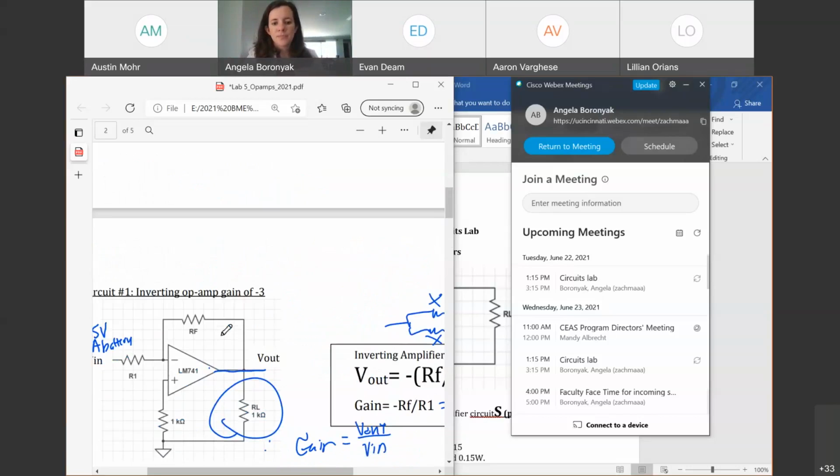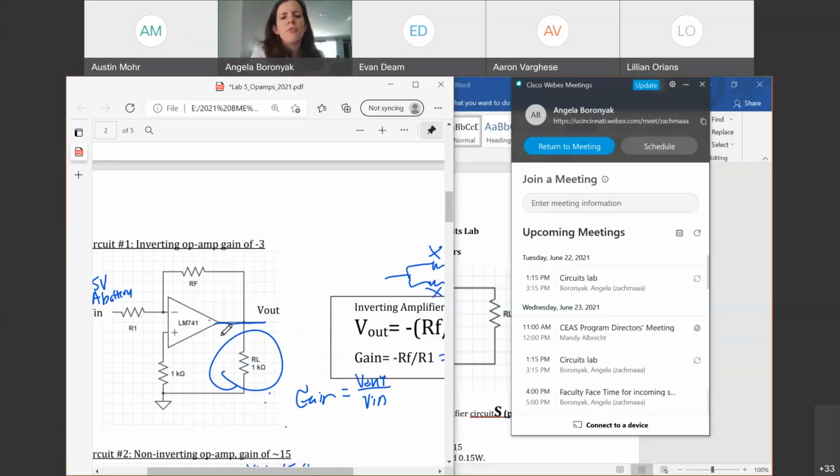Now, in circuit one, what should I get for V out? This is my inverting op amp. I'm trying to make it with my gain here that was -3. What do I calculate in theory I should get for V out here? My Vn is still at 1.5 volts.